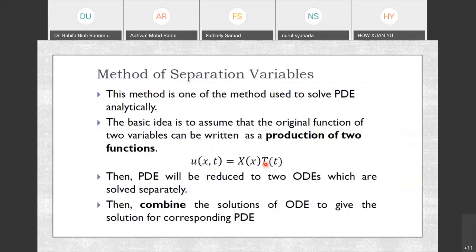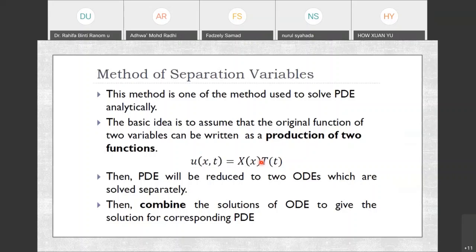We write it as capital X as a function of x and capital T as a function of t. What does it mean? The solution of x times the solution of t, because we can separate the variable. We solve variable x and variable t separately.